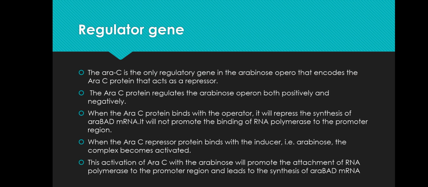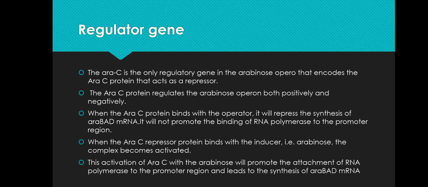The last genes we are talking about are the regulatory genes, and here the RAC is known as the active regulatory gene where the Arabinose operon encodes the RAC protein which acts as repressor. The RAC protein regulates the Arabinose operon both positively and negatively. When RAC protein binds with the operon, it suppresses the synthesis of RBAD mRNA.